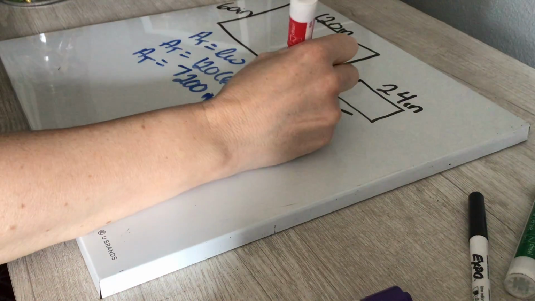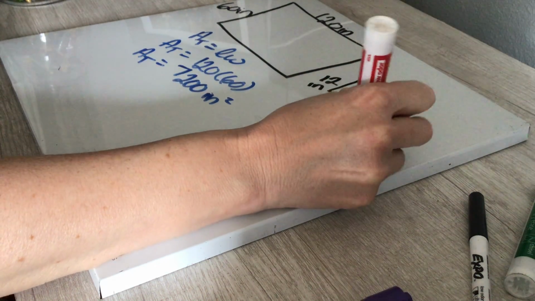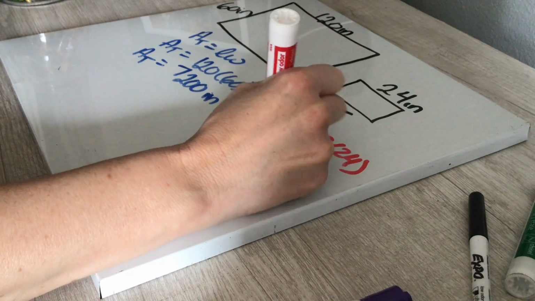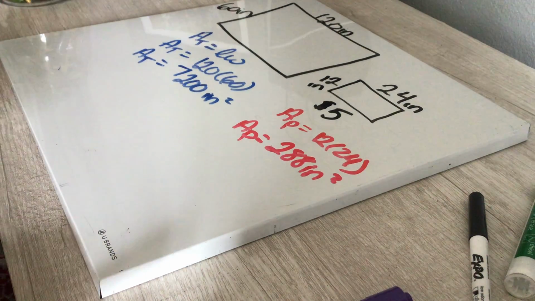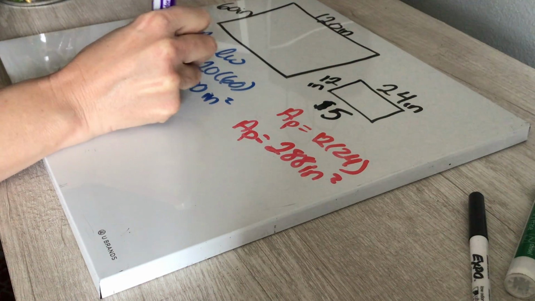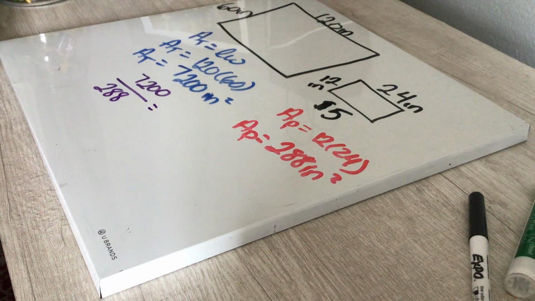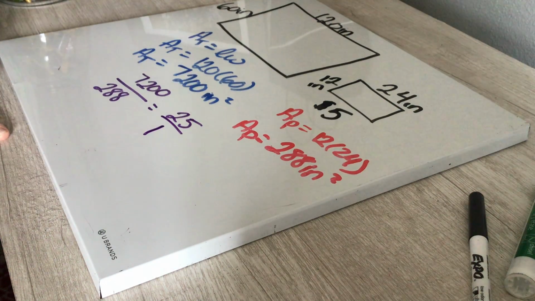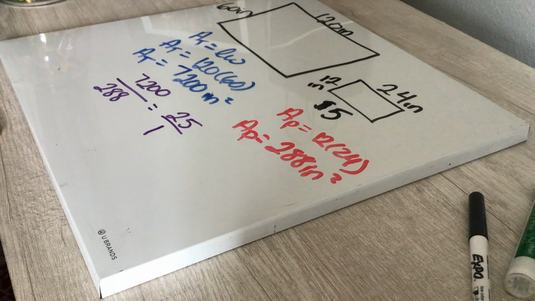The area of the placemat is also a rectangle, so 12 times 24, which is 288 square inches. If we want to find the ratio of the two, it's the tablecloth to the placemat, and then you can reduce that. That reduces to the ratio of 25 to 1, which means there are 25 placemats inside the tablecloth.